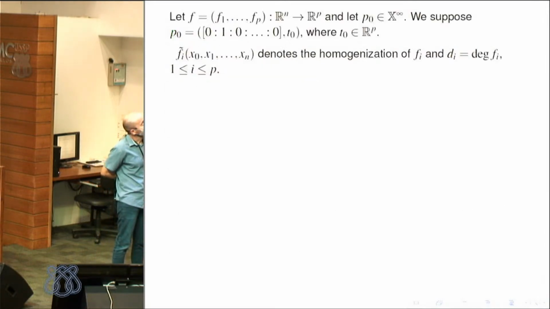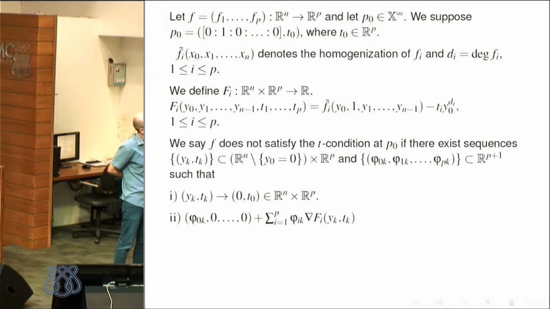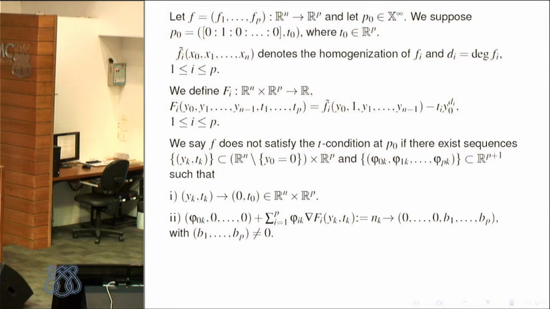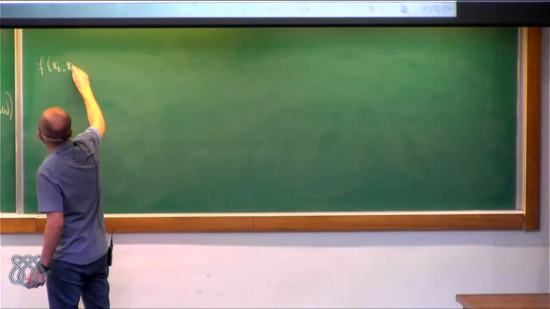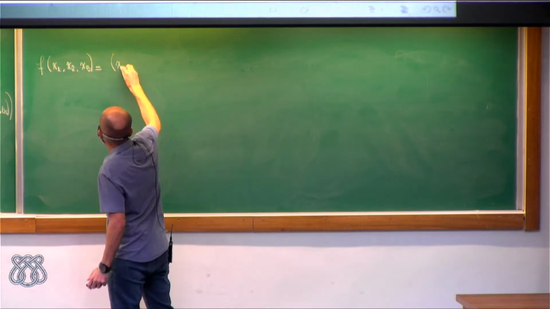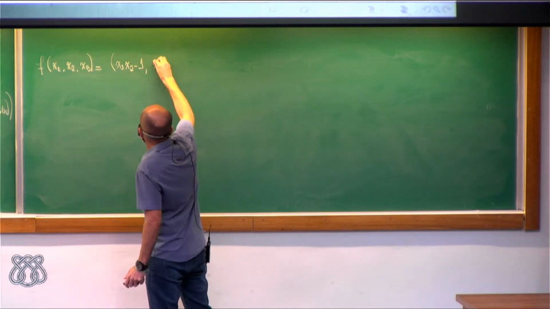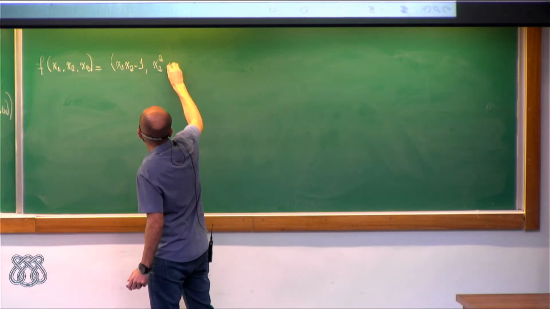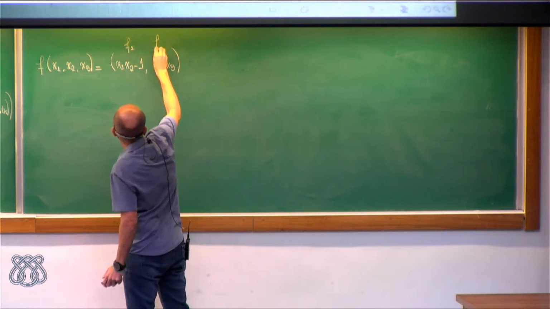Just an example to illustrate these definitions and to see how you can compute this condition. For instance, you consider F of x1, x2, x3, just the example before: x1 x2 minus 1, x2 squared, x3. So this is f1, f2.